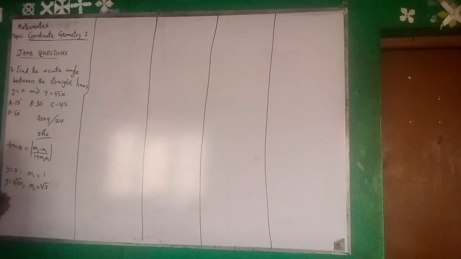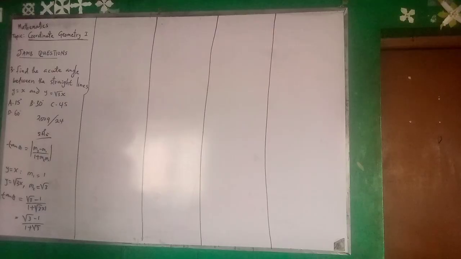So my tan theta becomes equal to m2, which is root 3, minus m1, which is 1, all over 1 plus m2, root 3, times m1, which is 1, right? And that will give me root 3 minus 1 over 1 plus root 3 times 1, which is root 3.